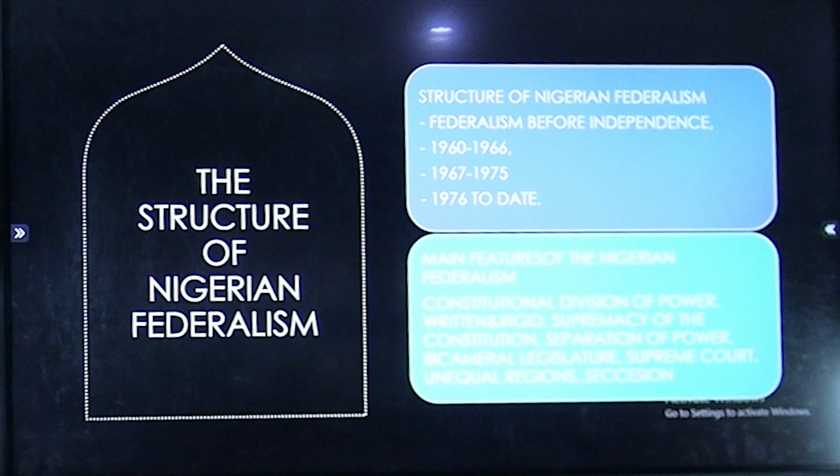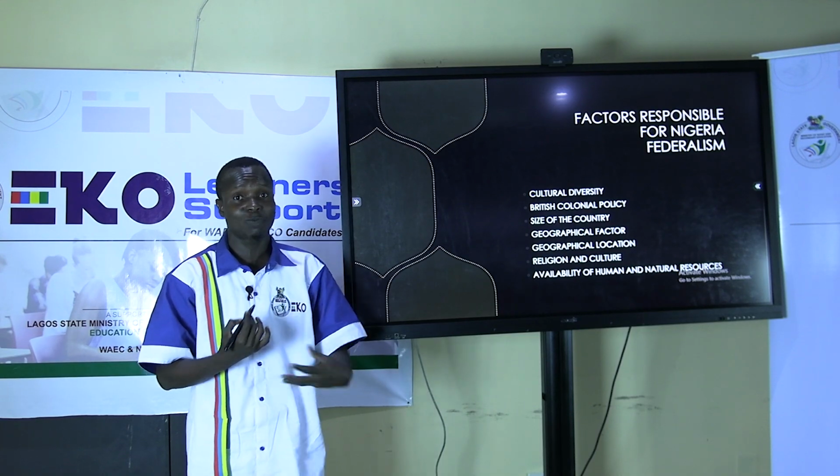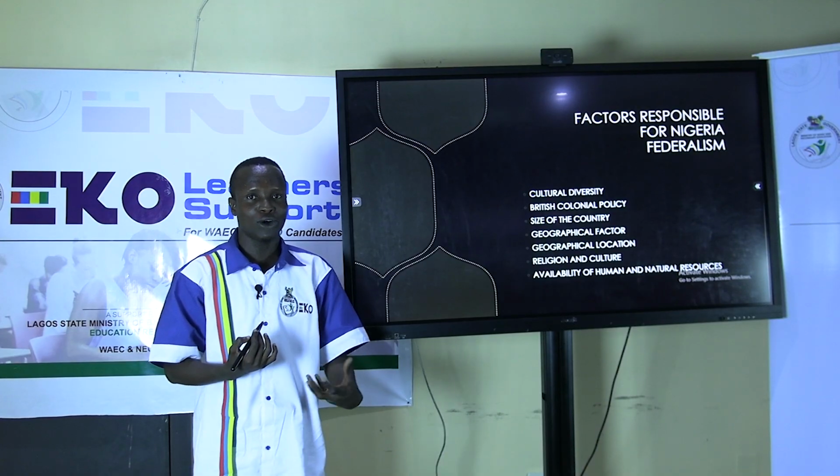Availability of human and natural resources. Nigeria is a large and big country. So we have people with the capacity of doing things for the country, who are technological experts, who have the technological know-how to move the country forward.